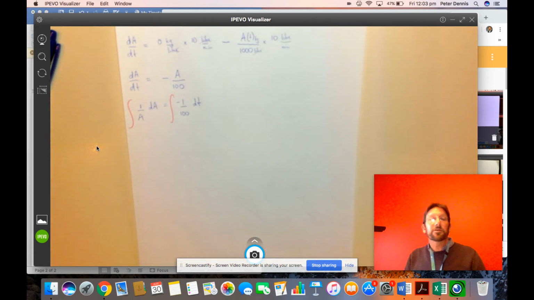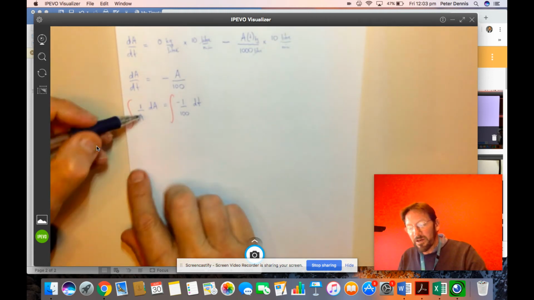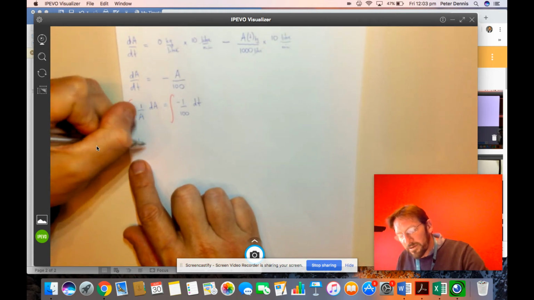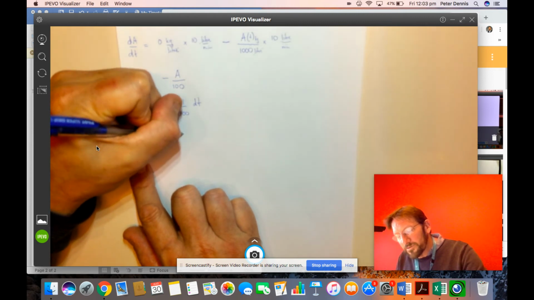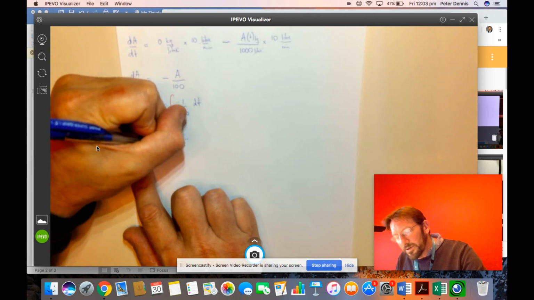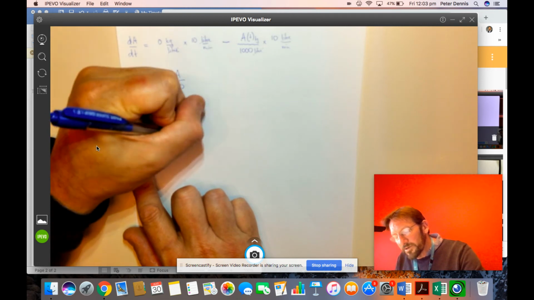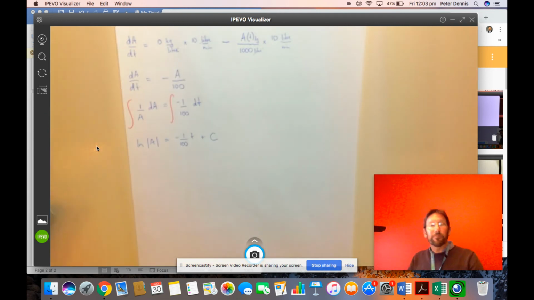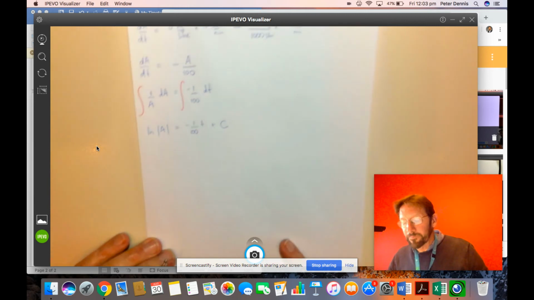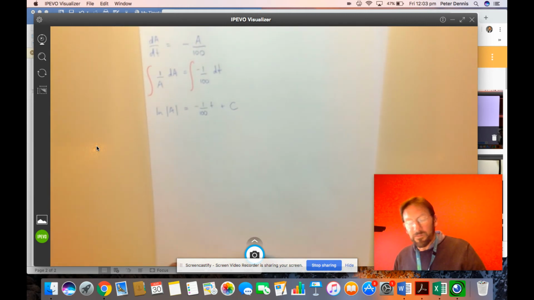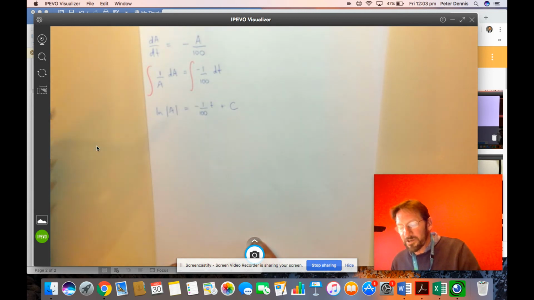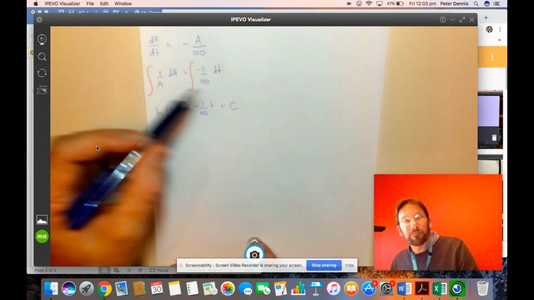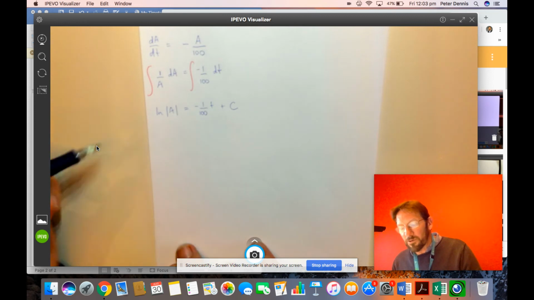So when we integrate both sides like that, what we're left with over here is log of A equals minus 1 over 100 t plus our C. Okay, and we could have some initial conditions here, but let's pretty this up the way we always do it.